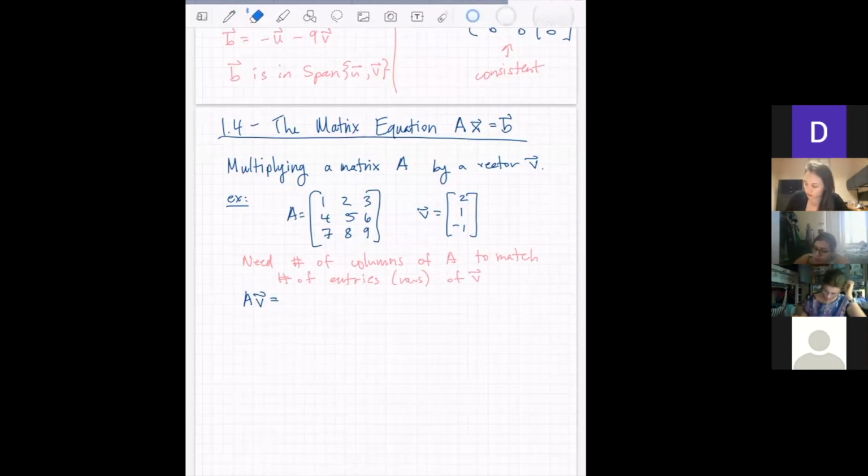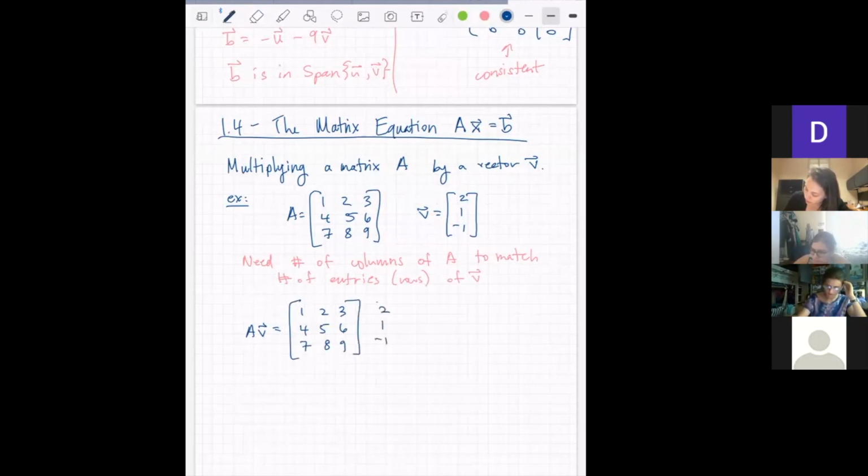So let's look at A times V, and we will have, just writing out what these are, A and V, right? And the idea is to start with the first row. Okay, so I'm going to highlight it because we're focusing on that first row. And we're going to multiply it by this column vector, right? By taking the first entry of the first row and multiplying it by the first entry of that vector.